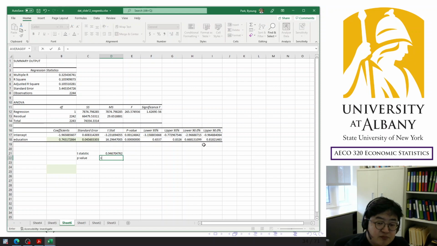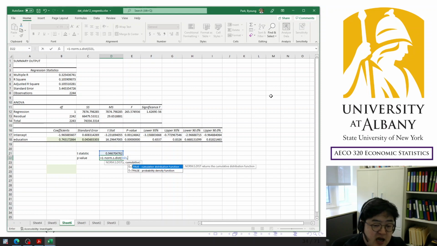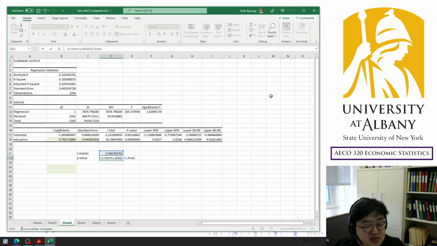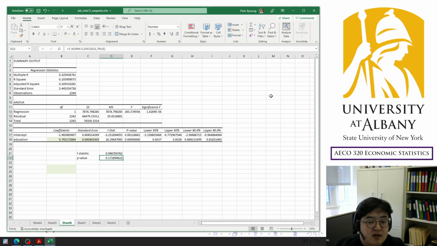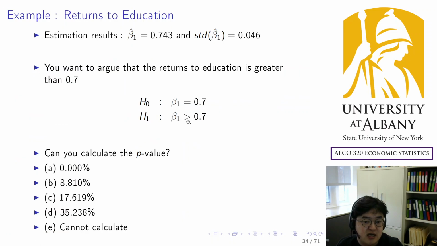So that is 1 minus. We calculate the cumulative probability and subtract that from 1. This is the p-value. In percentage, the p-value is 17% in this one-tail test.